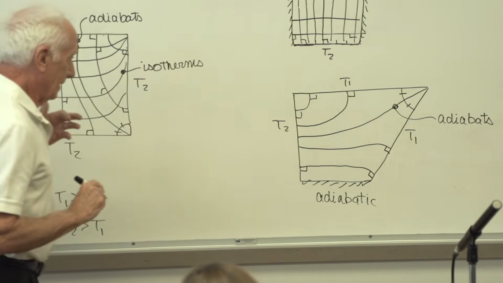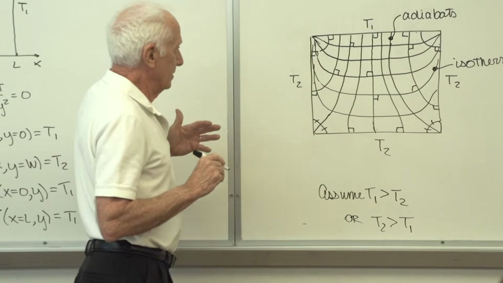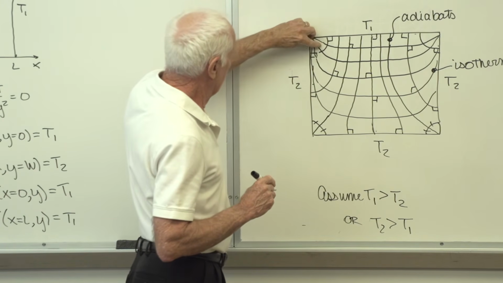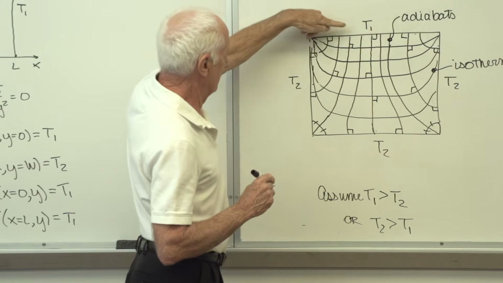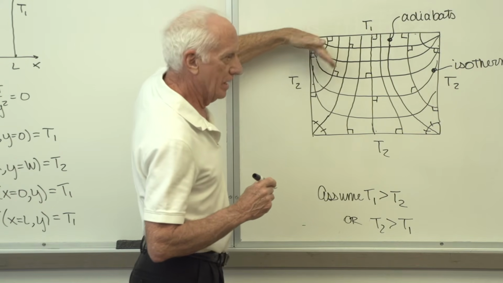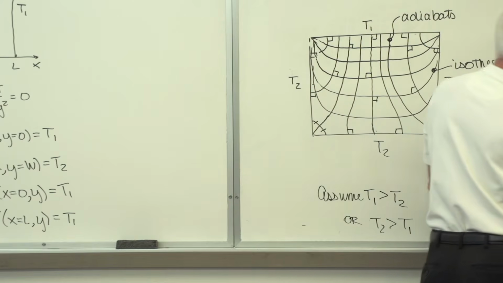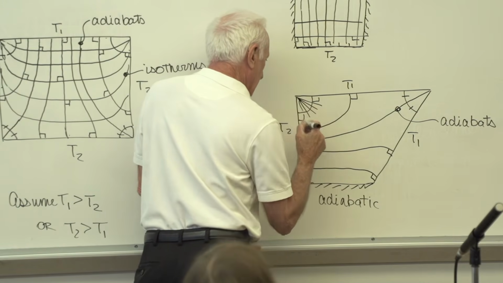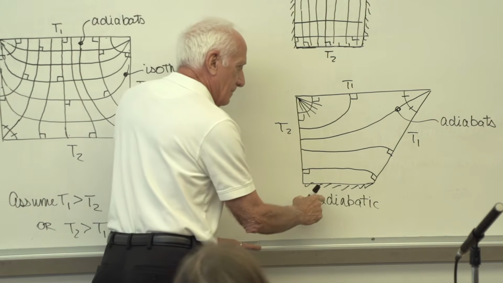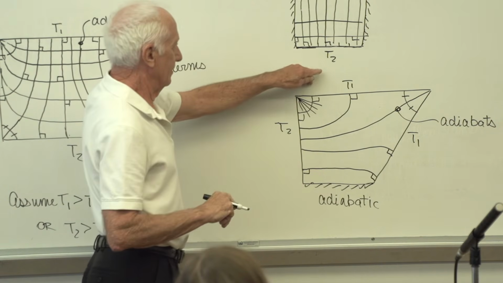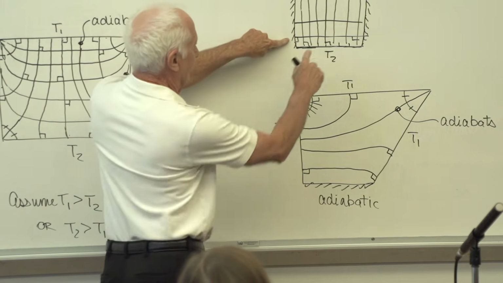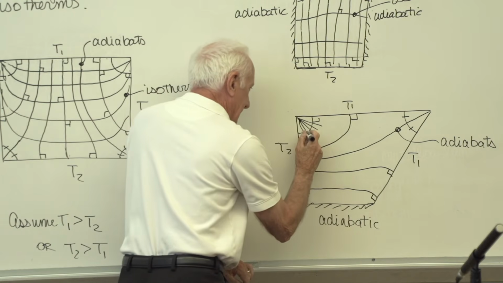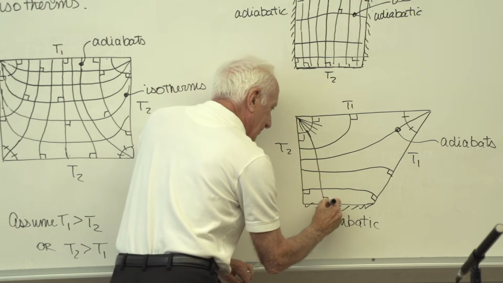Now, the isotherms. Look at the picture here. When they come out of the corner, the isotherms come out at different temperatures in a fan pattern. They come out and they look like this. When they get to an adiabatic boundary, the rule says adiabatic boundary, isotherms, right angle.